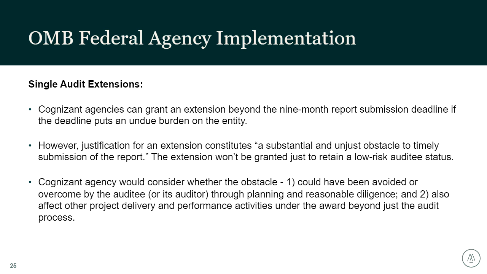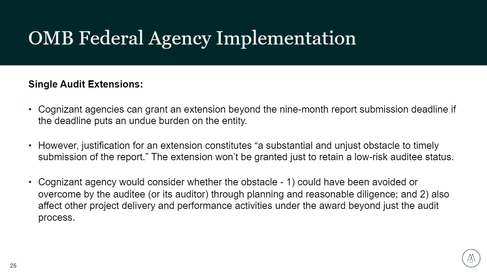For single audit extensions, this was kind of surprising when OMB issued this guidance to federal agencies. If you read just the revisions to the Uniform Guidance, it says that when there's undue burden put on an entity, you can apply for an extension beyond that 9-month reporting submission deadline.